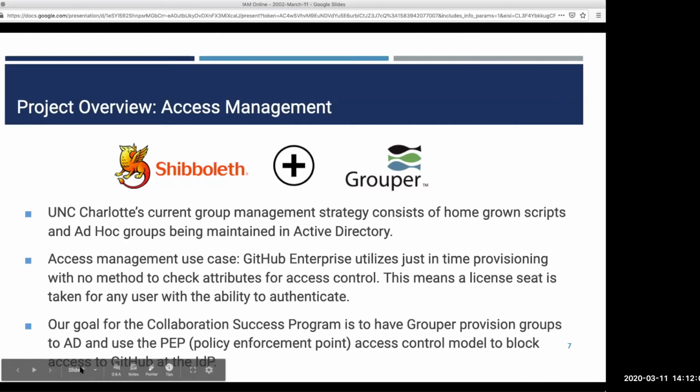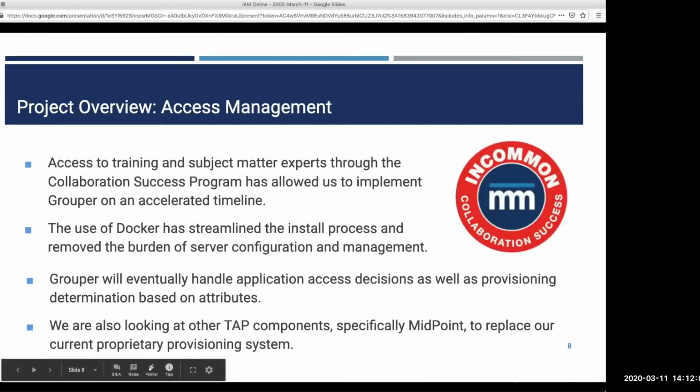I think next slide. And so far, our access management policies have been, like I said, kind of all over the place. And we've been using the Collaboration Success Program to just get an understanding of what other schools are doing, what the Trusted Access Platform components consist of.